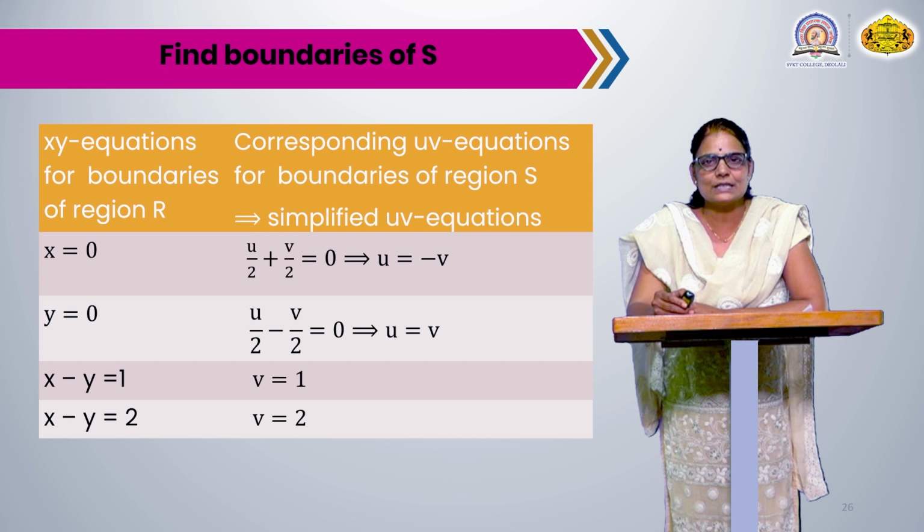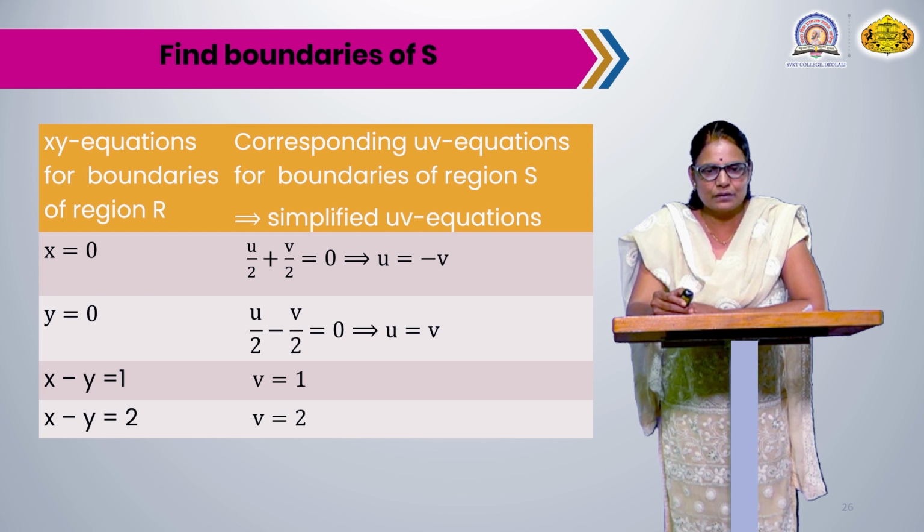Okay. The second equation is y equals 0. We replace y by u by 2 minus v by 2 and put it equal to 0. Just solving, we get u equals v here. Okay, and the third one, see the third row, is x minus y equals 1. So we know that v equals 1 here, and for the last one, v equals 2.